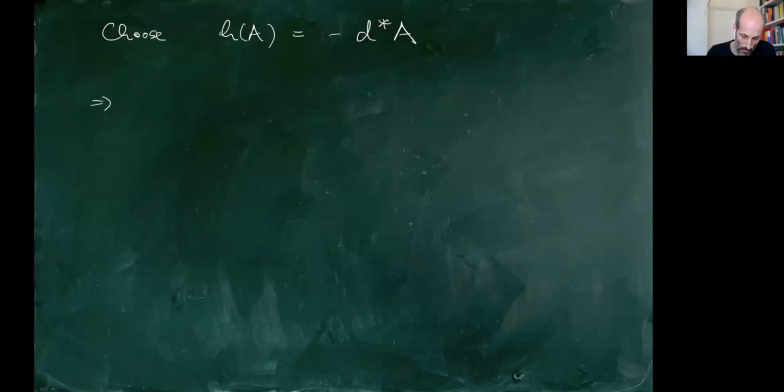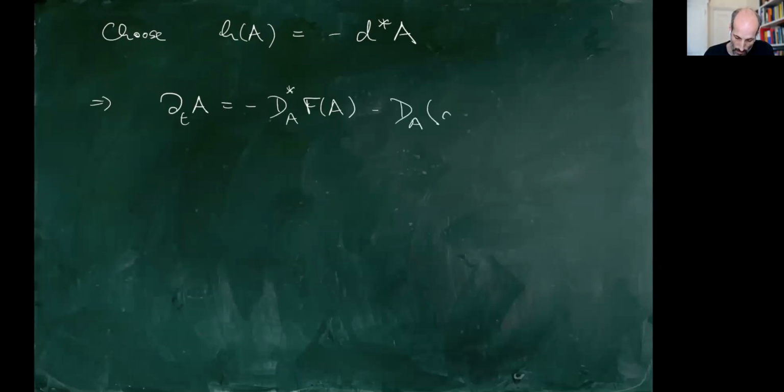So now we look at the equation dtA is equal to minus dA star f of A, minus dA of d star A, plus our space-time white noise. And now this equation is parabolic.